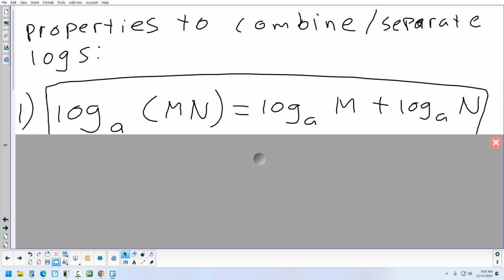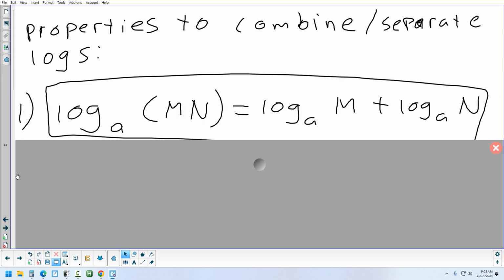There's three properties we're going to look at. The first two we are going to use, but they're not going to directly help us to answer the question we're doing right now. I want to start with the first two, and then we'll get to the third one. So the first property of logarithms has to do with the logarithm of a product.